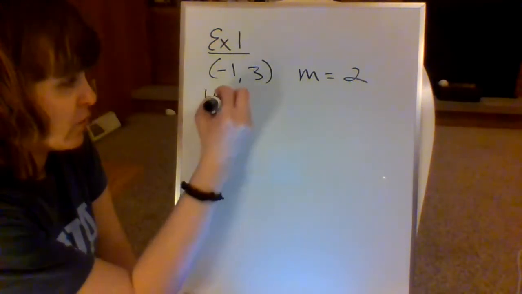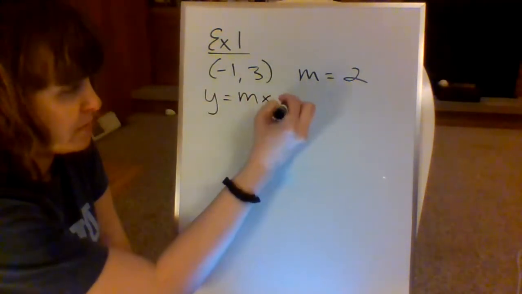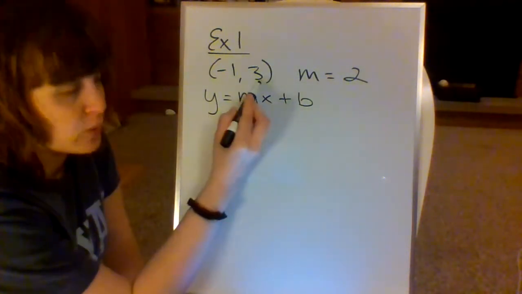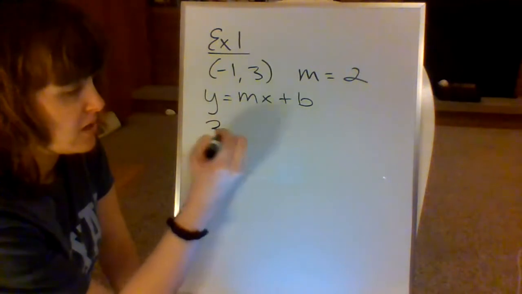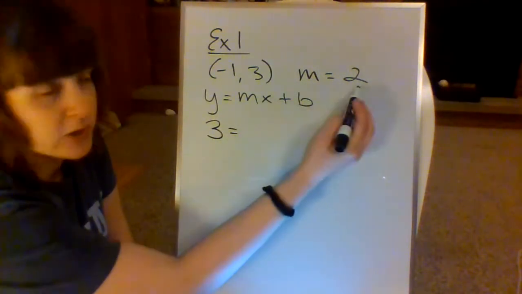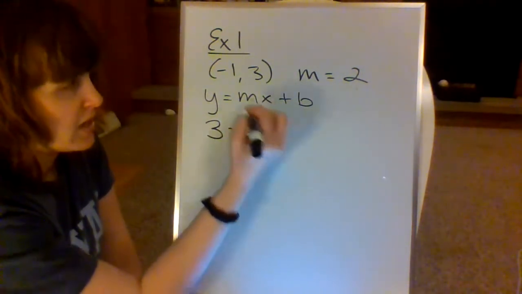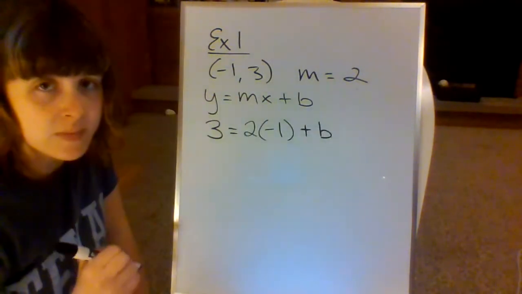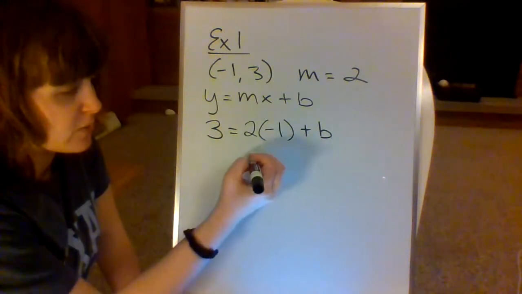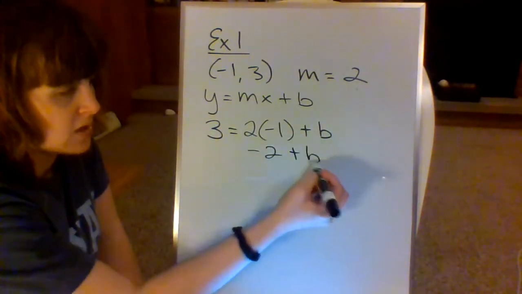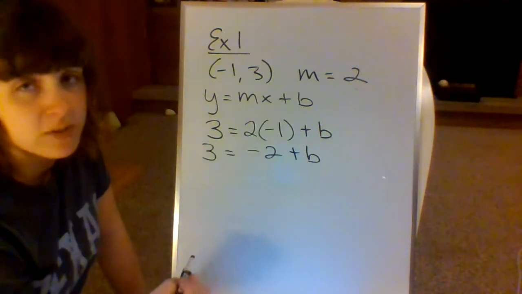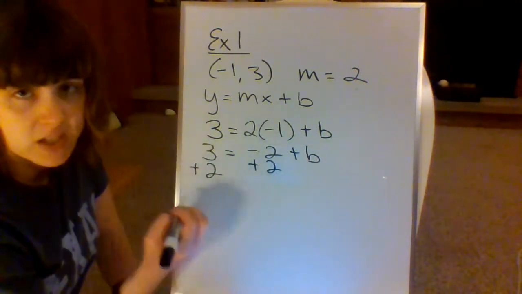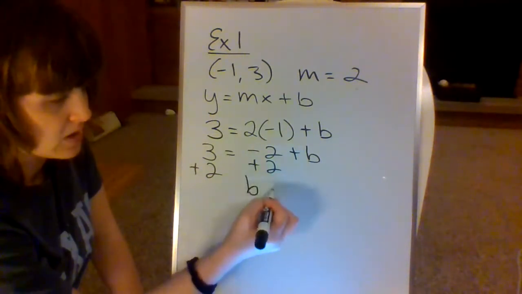So if we're using y equals mx plus b, we're going to replace y with the y value of the point, so 3 equals m, our slope was 2, x, -1, plus b. So 2 times -1 is -2. So to solve this for b, we're going to add 2 to 3, so b equals 5.